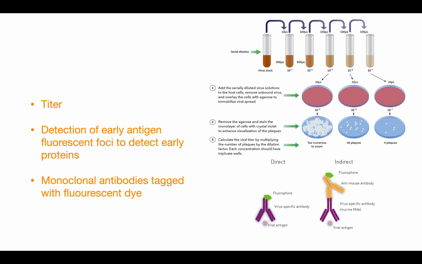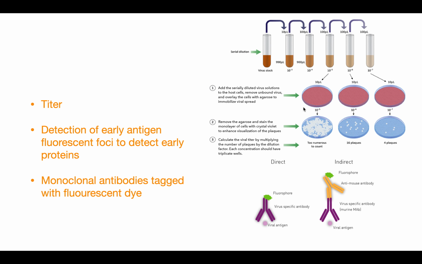So the titers are going to be a detection of early antigen fluorescent foci to detect the early proteins, and they are going to be serially diluted in order to see whether the antiviral is effective, or whether the immune system is working, and seeing how far the progression of the disease is.